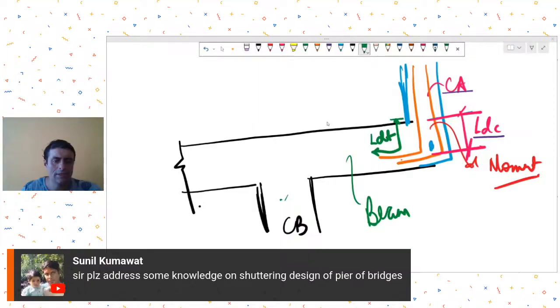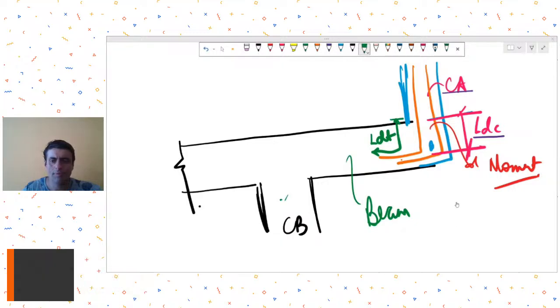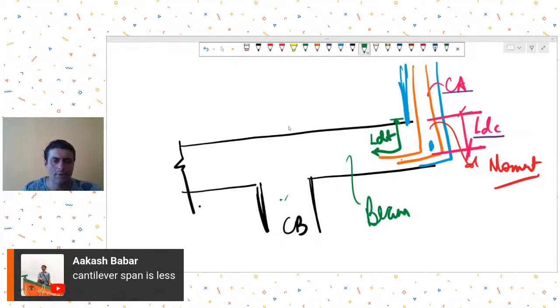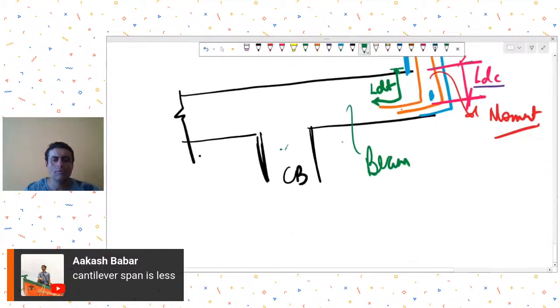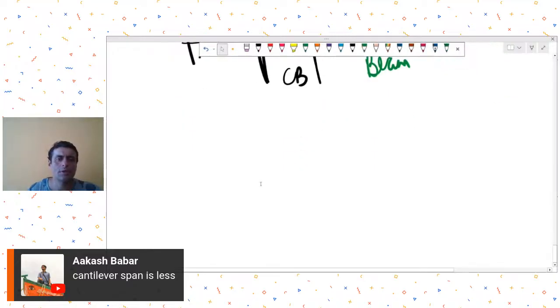Mr. Sunil Kumar is asking, please address some knowledge on shuttering design of piers of bridges in software. Okay, Mr. Akash is adding to this query. He has asked, cantilever span is less. See, if it is less, then you may have to check that generally you cannot take a reinforcement slope steeper than 1 is to 6.